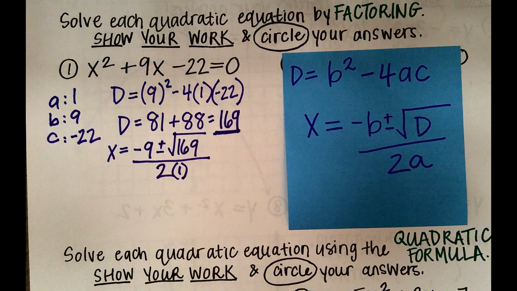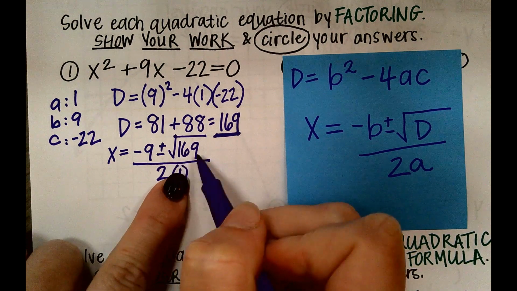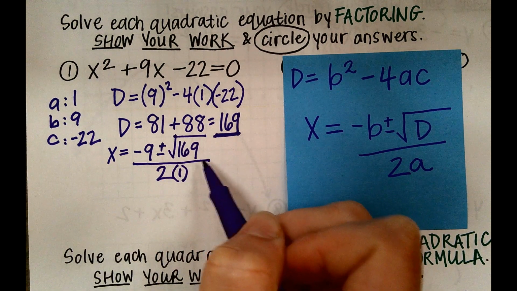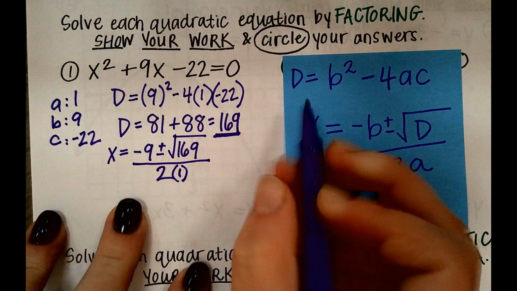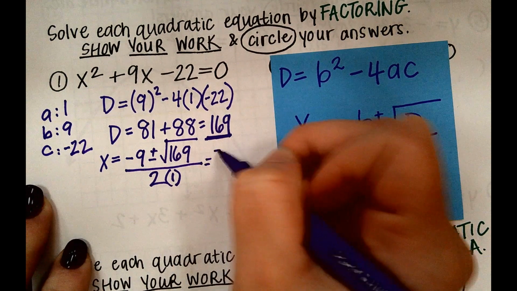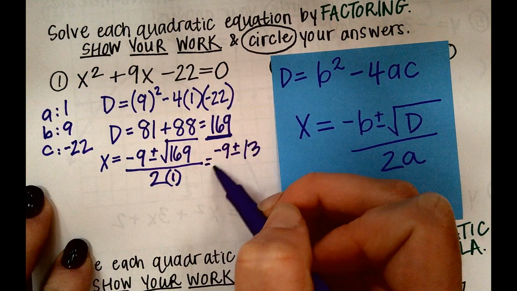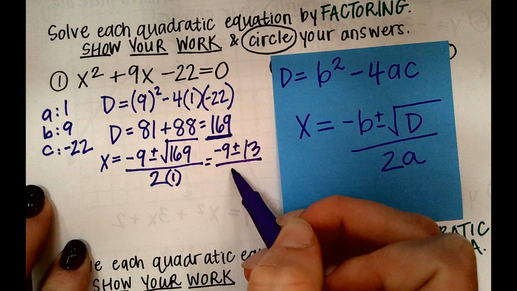All right. So from this point, somebody raise your hand and tell me, what should we do next? Find the square root of 169. Yes. Okay, so the square root of 169 is 13. So I'm going to rewrite my negative 9 plus or minus 13, all over 2 times 1, which is 2.